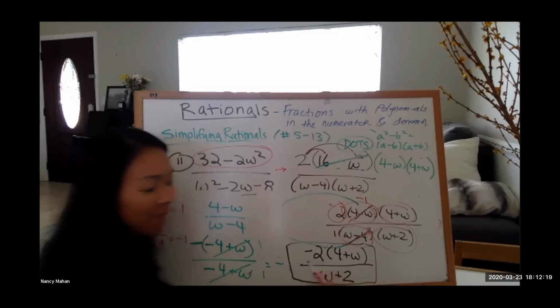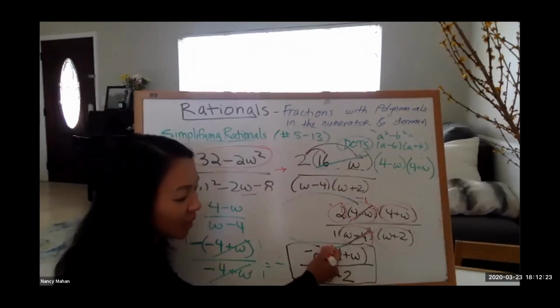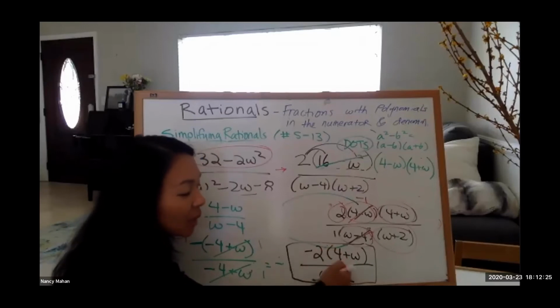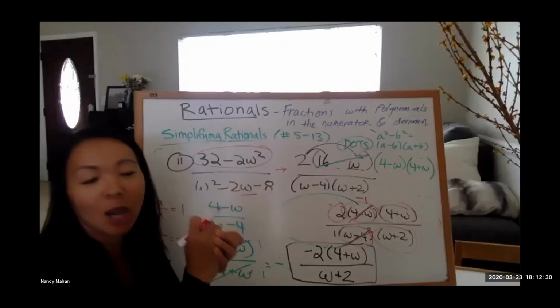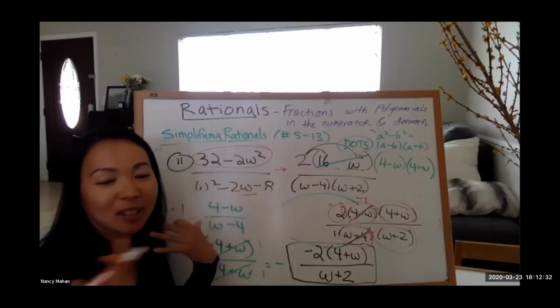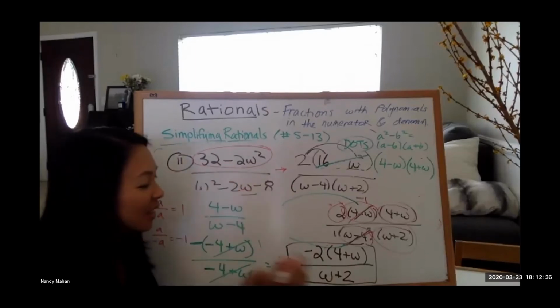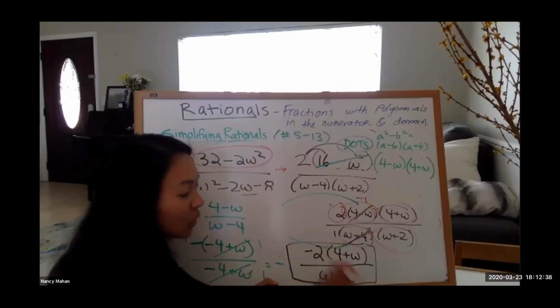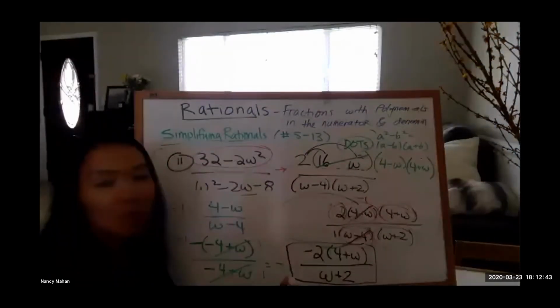The 2 is attached to the W, so you can't just cancel it out just because you see it on top as well. W plus 2 is a factor. It's stuck together. You can't chop off an arm from a body, right? So W plus 2 is a whole body. You can't chop it. So you can't take it out in pieces. They're together, right? I know it's a little bit challenging, so we're going to do a few more examples.